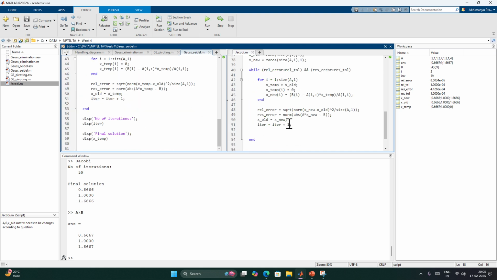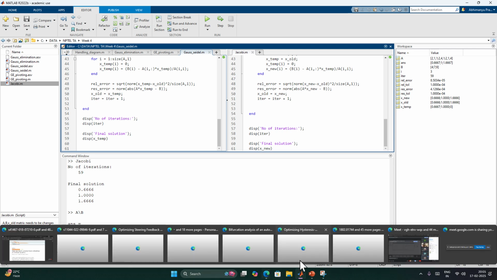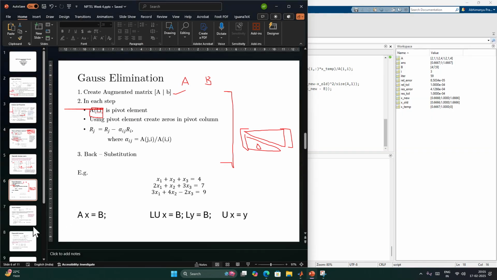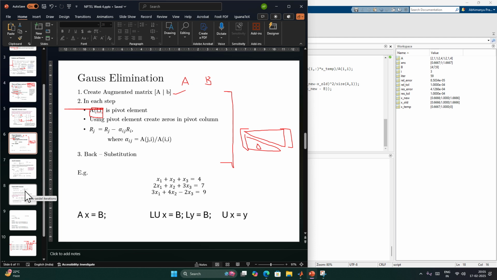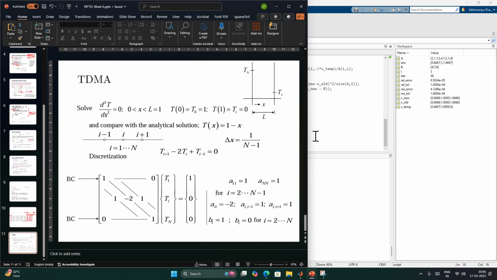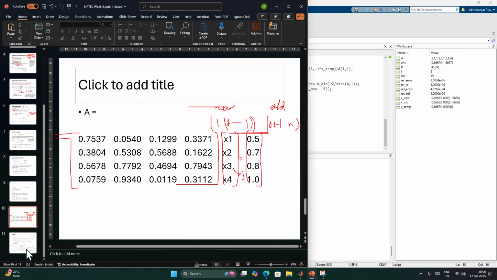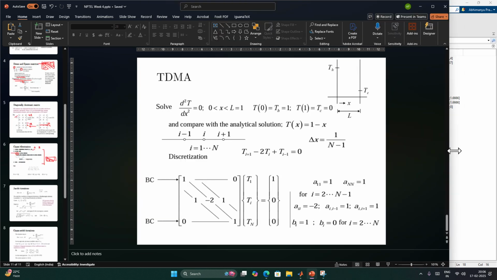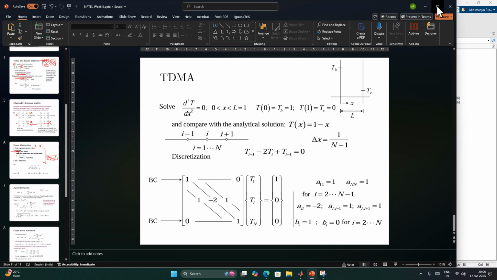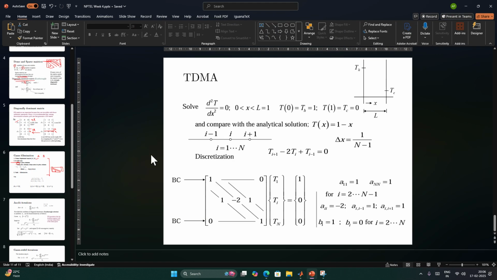Now coming to the last part, the TDM algorithm.